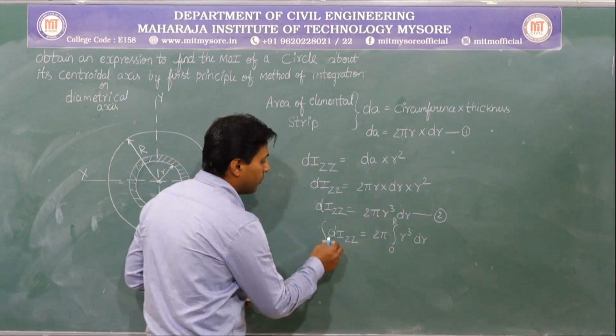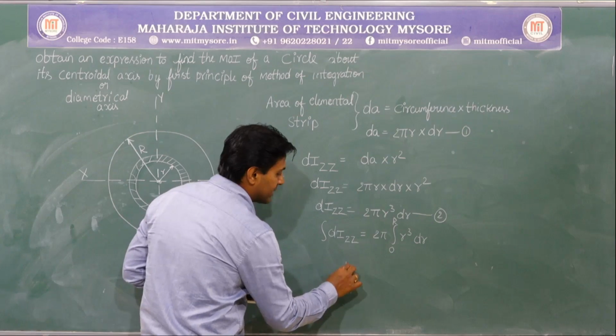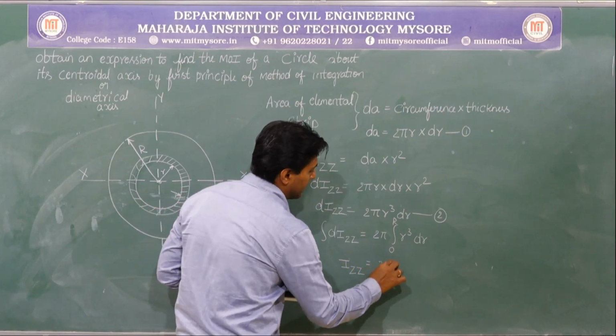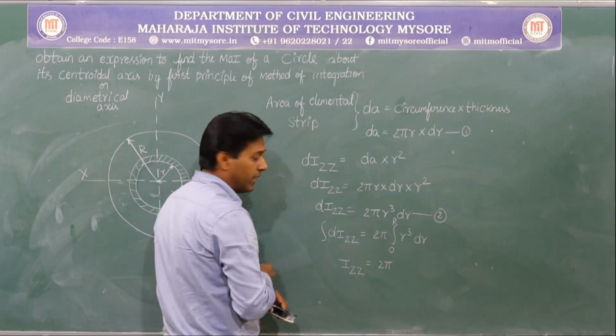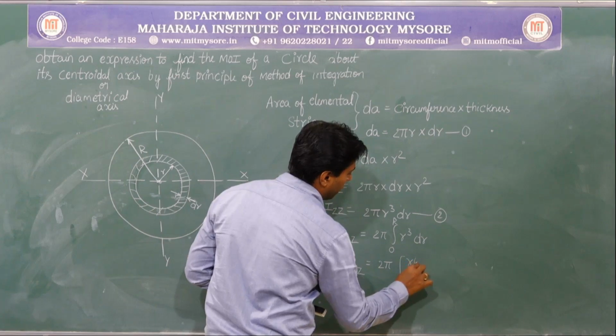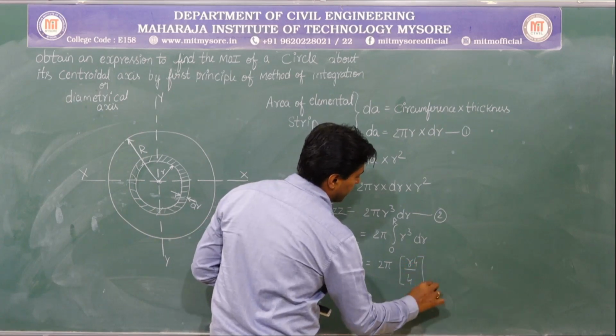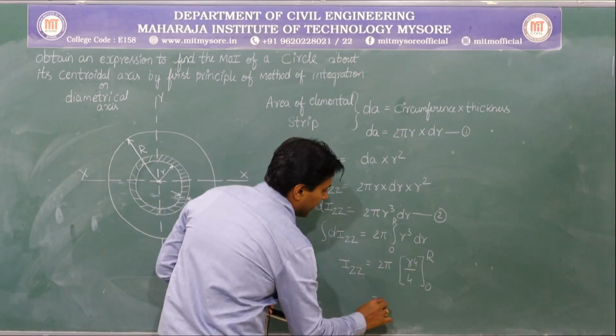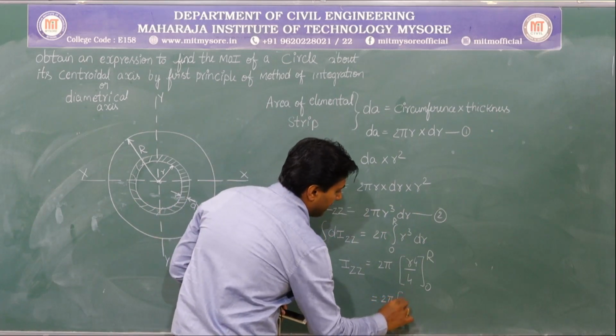So now, let me do it. What is Izz? Izz is equal to 2 pi, let it be as it is for the time being. Now, what is the integral of r cube? It is r to the power of 4 by 4, from 0 to r. So next, it is 2 pi, let me apply the upper limit.